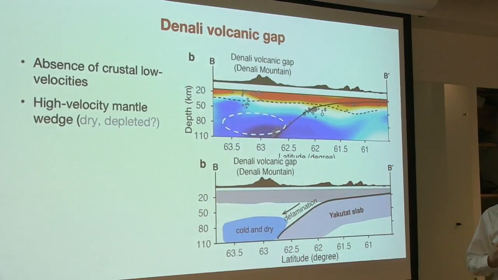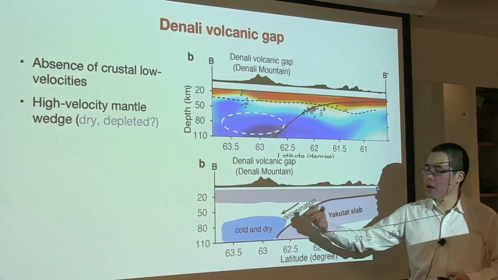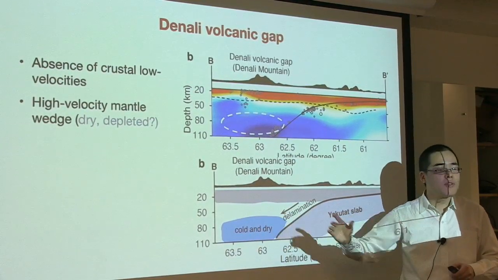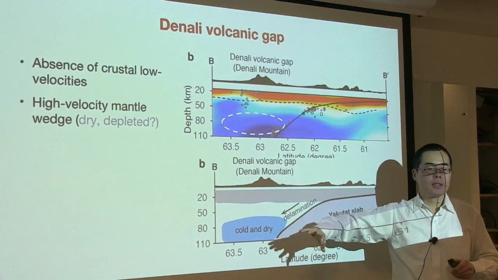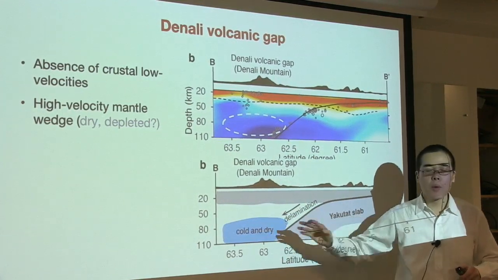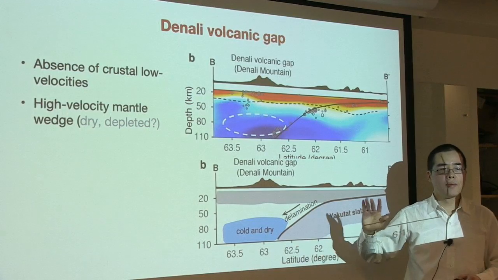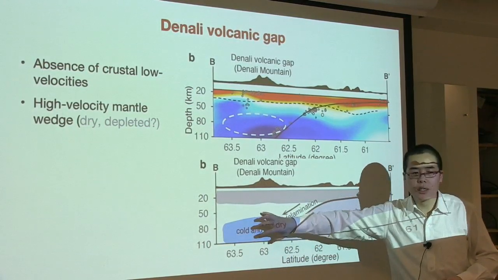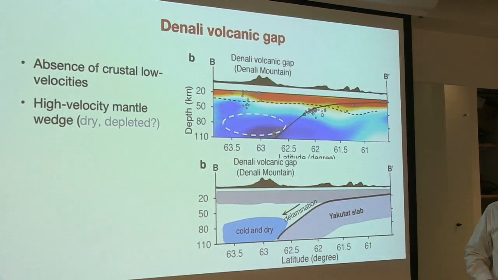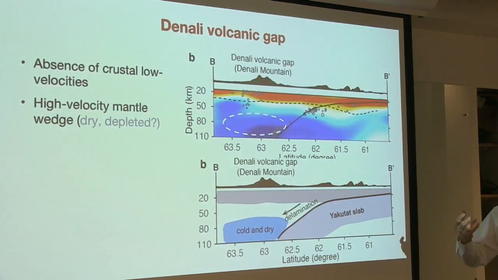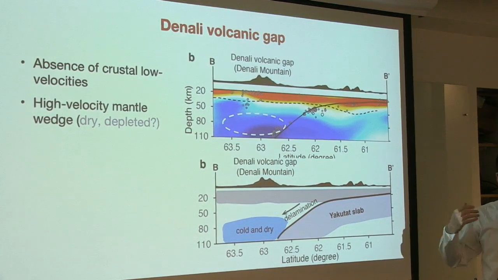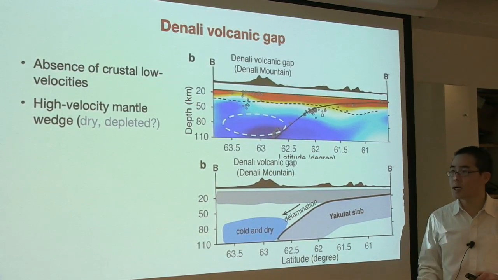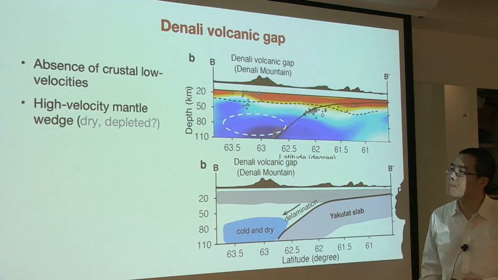But we don't exactly know how we can get this. There are different mechanisms. We can get either depleted or delaminated material, but we're not exactly sure of the physical or petrological process that could lead to these extremely high velocities. To understand that, further studies are needed, like petrological studies and probably modeling as well.